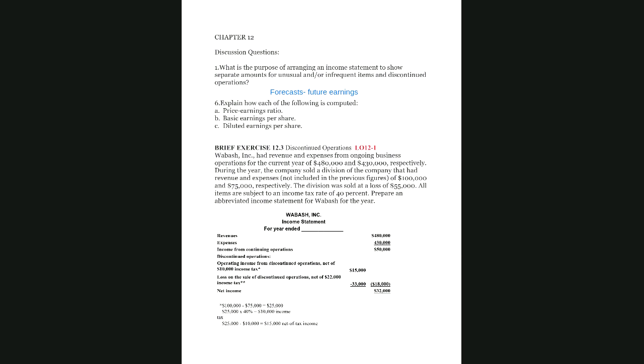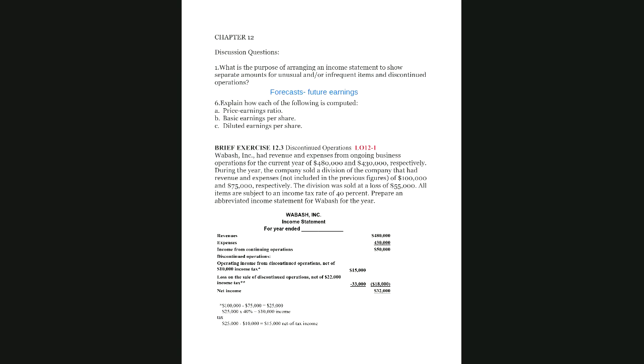Is there a section of the financial statements? Excellent, Christian. Notes. When there's a disposal of a segment, you would find information about that in the notes, and that's something you should absolutely look at. Remember, the notes are a required part of the audited financial statement package. Very good.